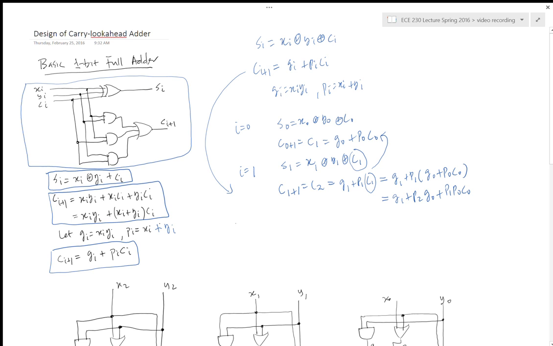Okay, now for the next case, i equal to 2, so it's C2 plus 1 equal to C3. I didn't write the S2 because S2 is the same.